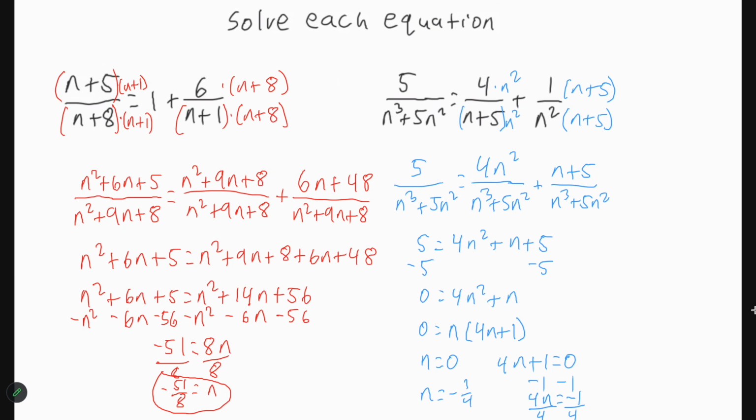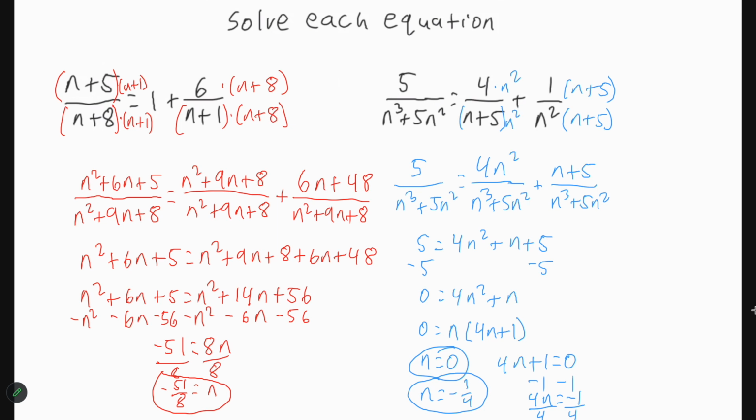Now, once again, we want to check our answers, and we have two answers at this time. So we want to check both of them to see if any of them are our excluded values. Well, our factors in the denominator were n and n plus 5. So one excluded value was negative 5, but the other is 0.